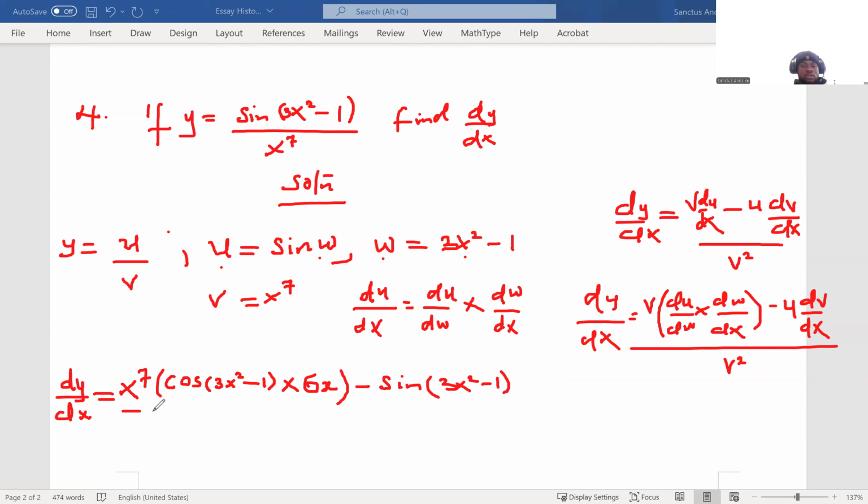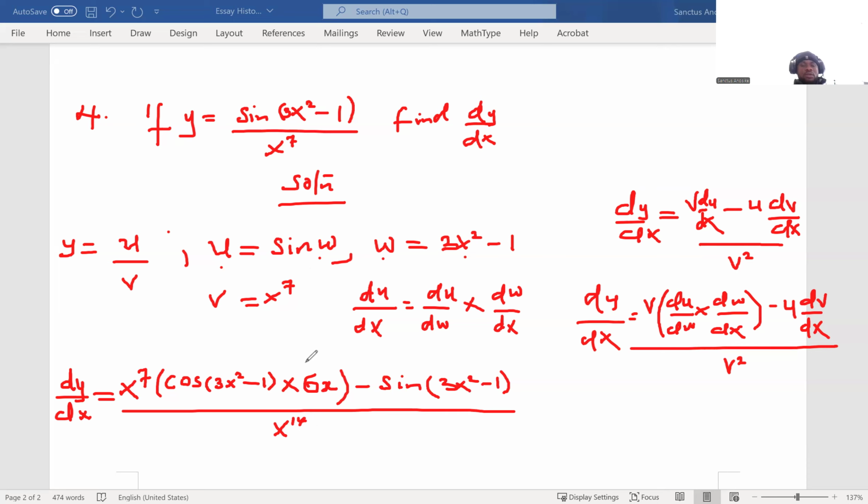All right. So I'm going to say all over v squared. What's our v? Our v is this. So x to the power 7 times 2. That is x to the power 14. Okay. All right. So is there any other thing we can do?